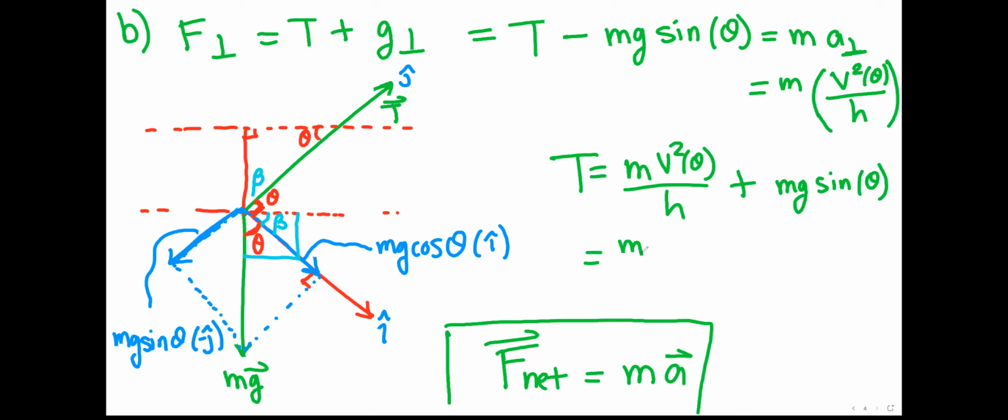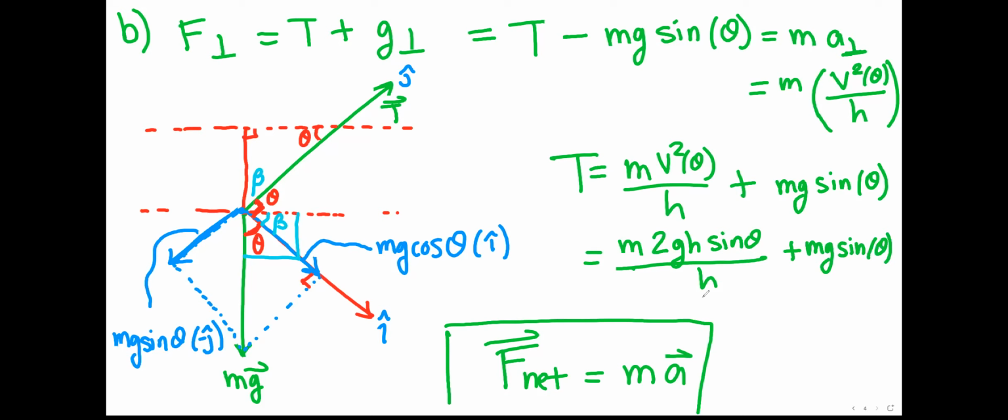Then we sub in the value. We already found out what v squared is, right? Yeah, it's 2gh sine theta. So this is 2gh sine theta, all over h, plus mg sine theta.